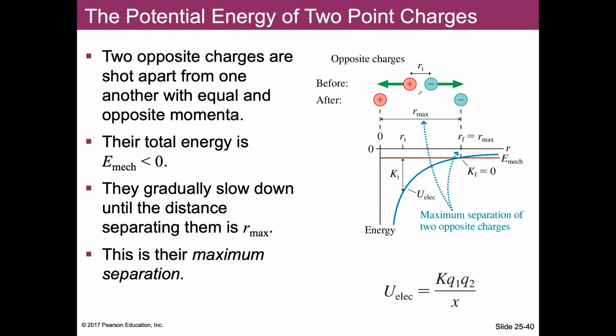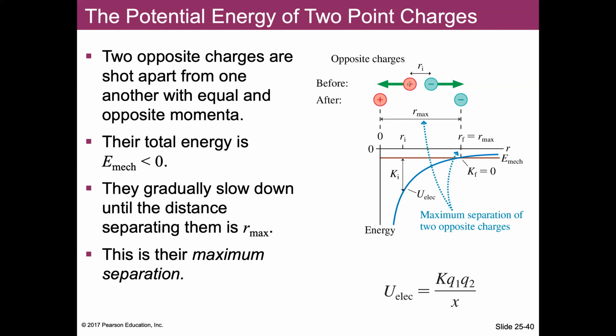But now let's reverse one of the charges from positive to negative. Once they have a positive and a negative charge, they will attract each other because they're opposite charges.